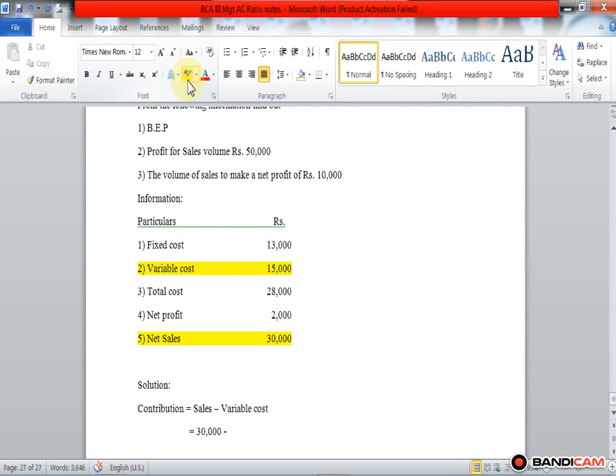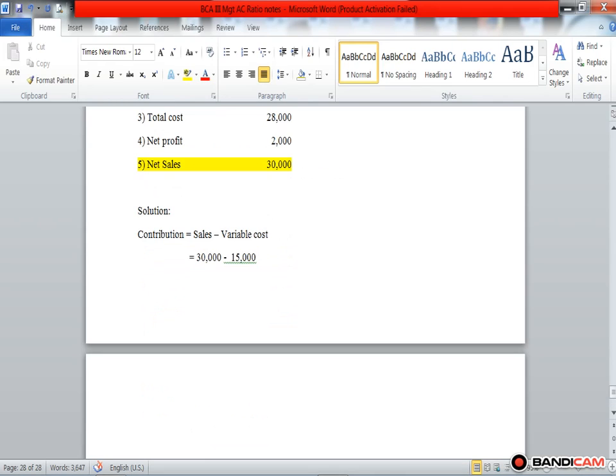So we deduct the 15,000 from sales. So our contribution is equal to 15,000.